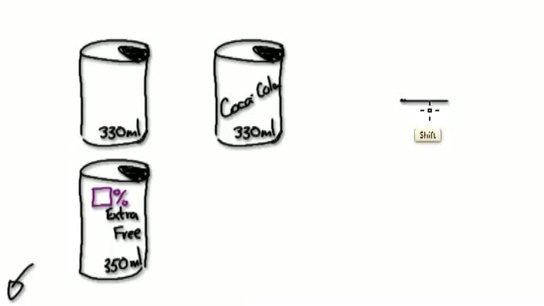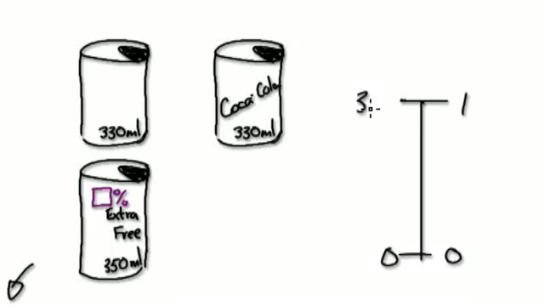Okay, draw your diagram, and it should look something like this. 0 here, 0 here, 1. Your original was 330. You're now going to give 350.